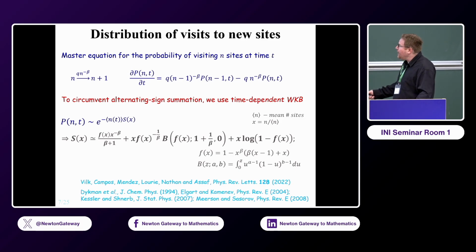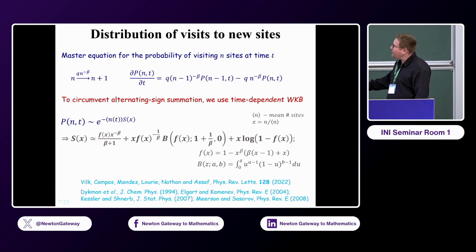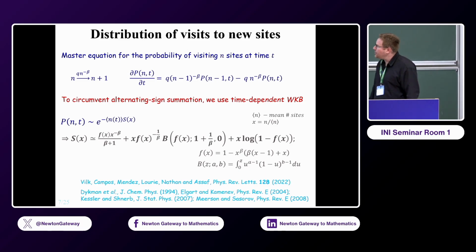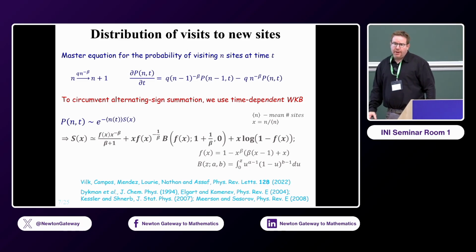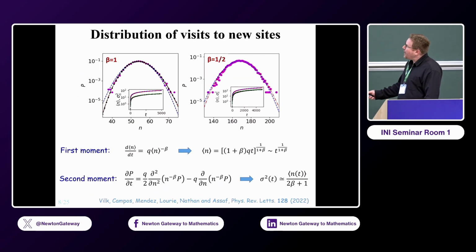And making a long story short, we obtain this expression for the action function. This is just a series of elementary functions. Everything here, f of x, is given by this expression, and B is just a beta function. So you can calculate the entire probability distribution of having n sites at time t, and you can compare this with numerical simulations of the process.